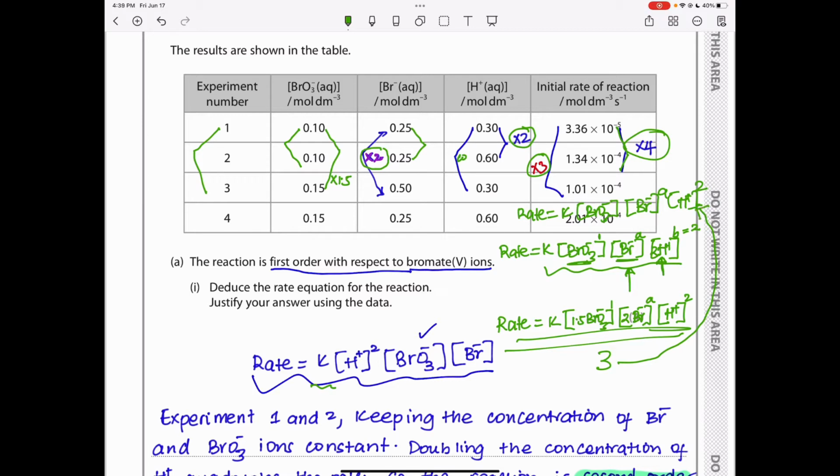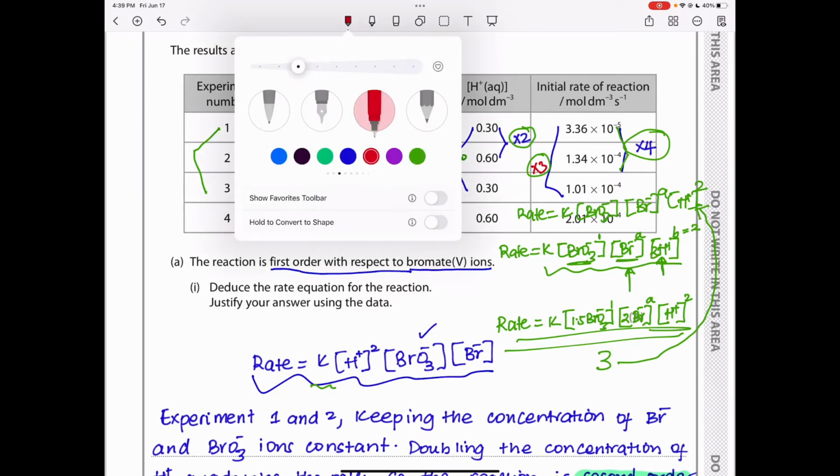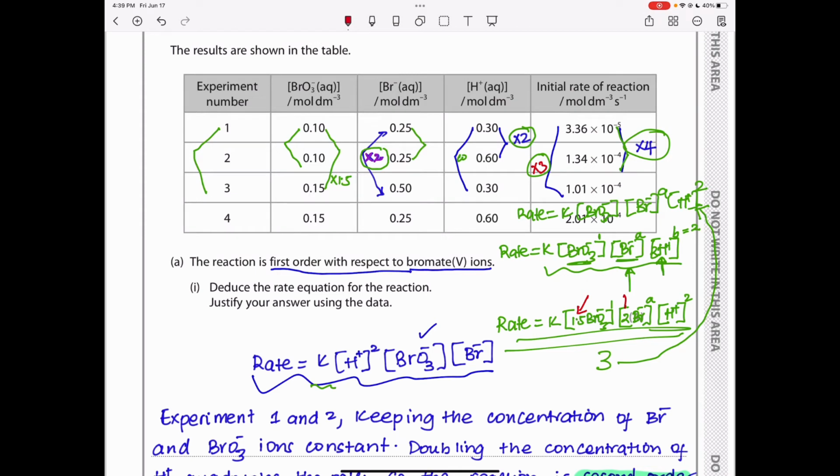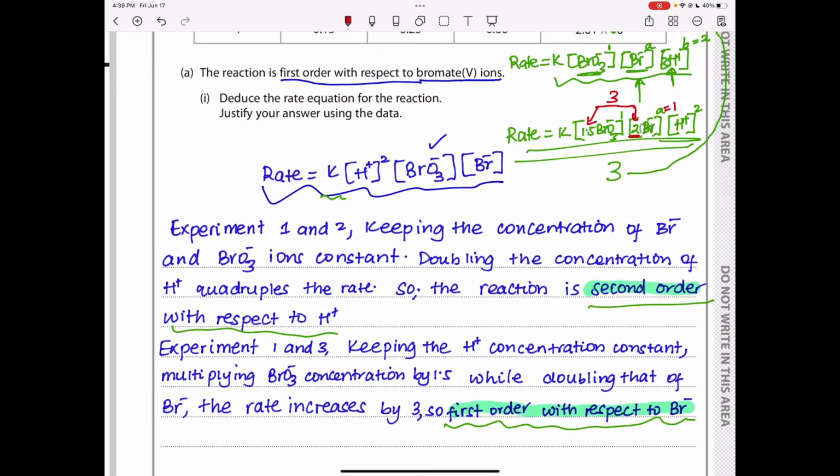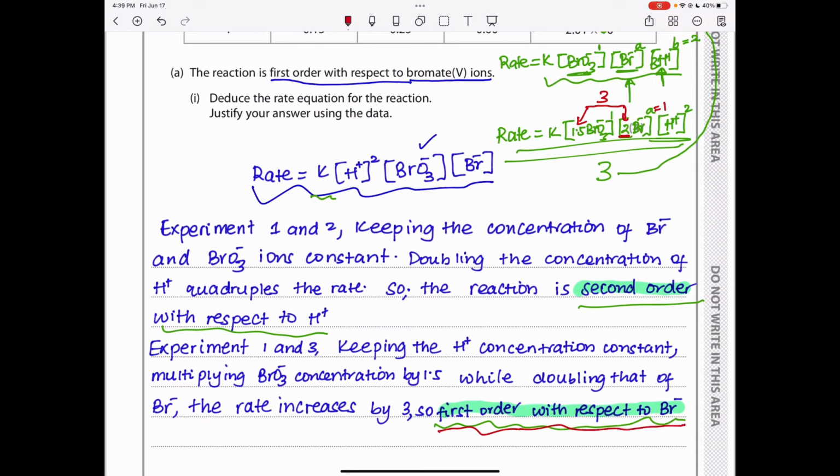To do that, it means I will multiply the 1.5 and the 2 here. 1.5 times 2 gives us 3. So because this came out as a 2 and not a 4, that is also going to be 1. So it means it's going to be first order with respect to bromide, as you can see here, first order with respect to bromide.